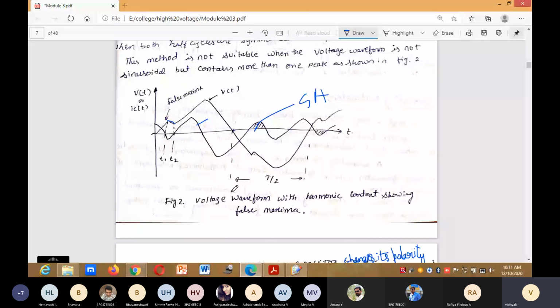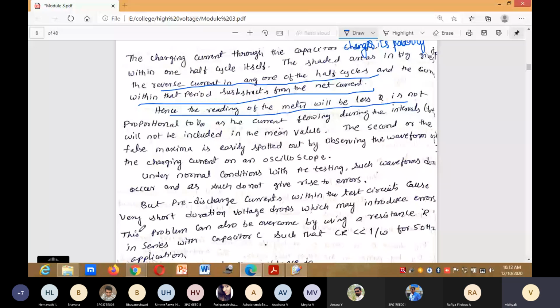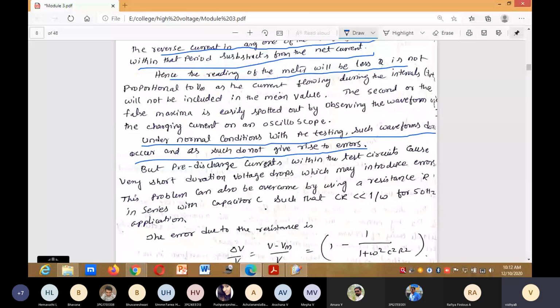Under normal conditions, you will get sinusoidal waveforms, but pre-discharge currents within the test circuits cause very short duration voltage drops, which may introduce errors.